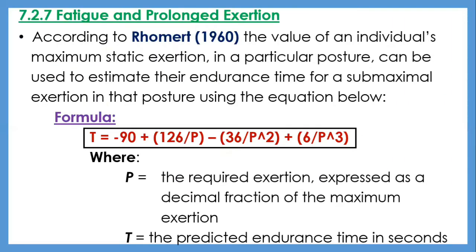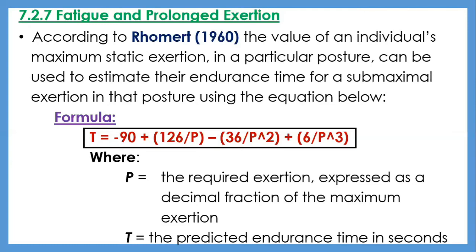What we have here is fatigue and prolonged exertion. So according to Romer 1960, the value of an individual's maximum static exertion in a particular posture can be used to estimate their endurance time for a submaximal exertion in that posture using the equation below.